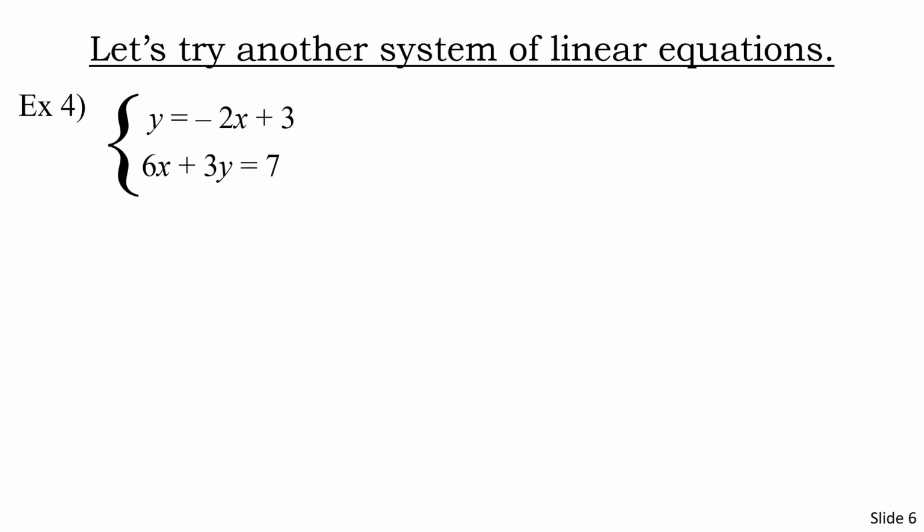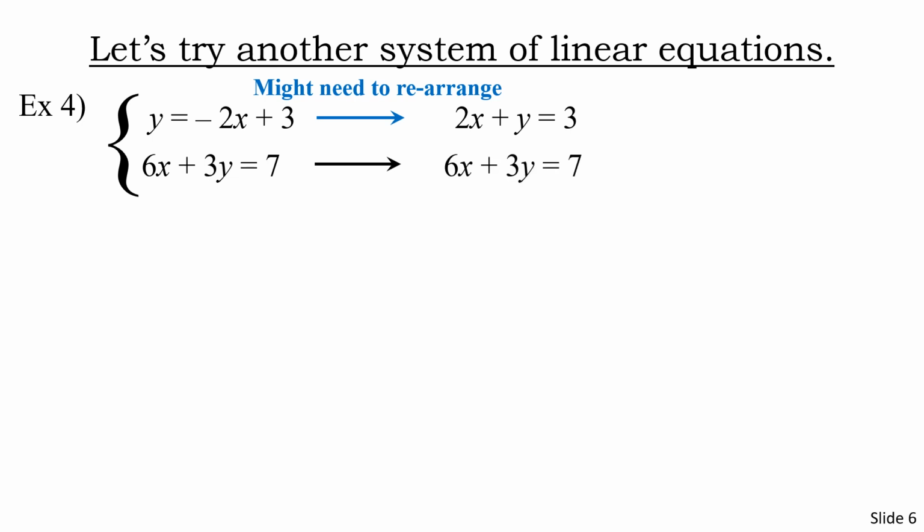So here's another one. Might need to rearrange. In this case, I need to rearrange that top equation so that my x's, y's, equal sign, and constant all line up.